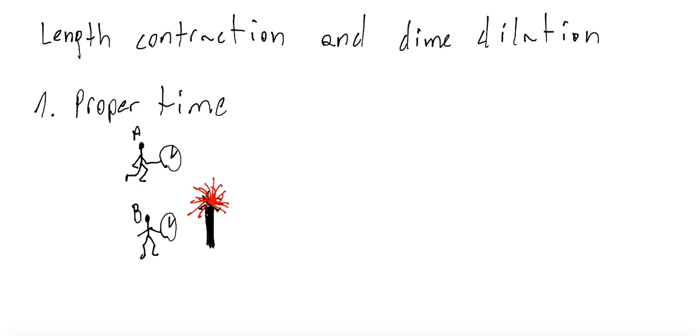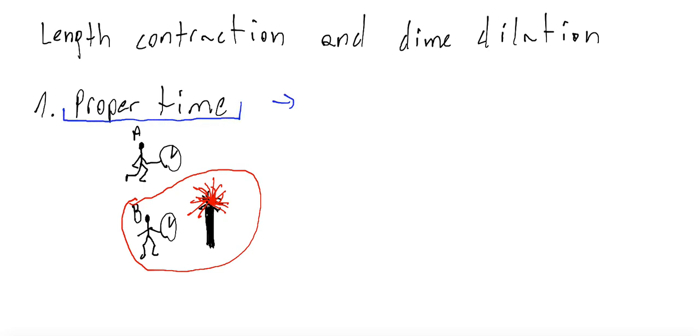Observer B is stationary relative to the event, observer A runs, which means that the beginning of the event for observer A is in one place in space and the end of the event is in another place in space. So proper time is the one measured by the observer who is stationary relative to the event.